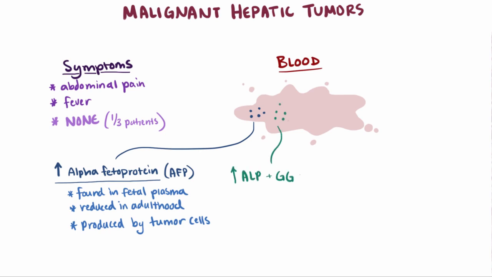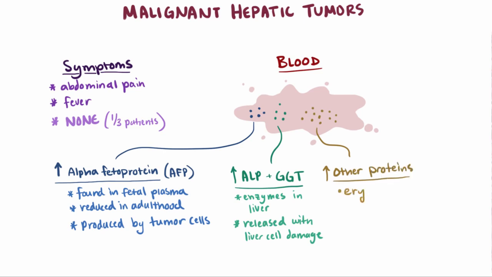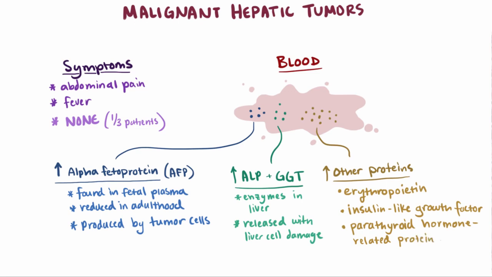Blood ALP and GGT will be increased as well, both of which are enzymes typically found in the liver that can be released after liver cell damage. Finally, some additional proteins can also be elevated, like erythropoietin, which controls the proliferation of red blood cells, insulin-like growth factor, which promotes cell proliferation, and parathyroid hormone-related protein, which can be secreted in higher than usual amounts by tumor cells.